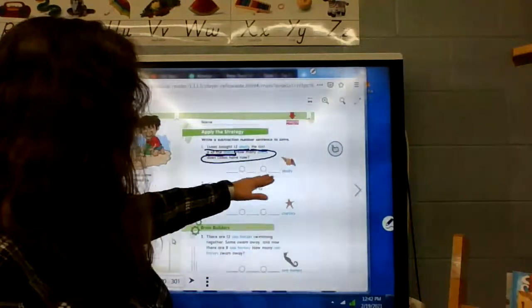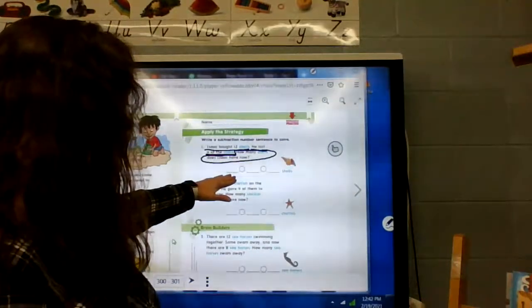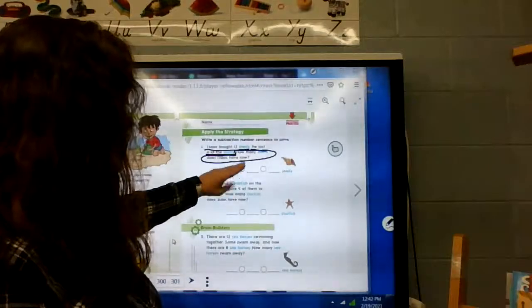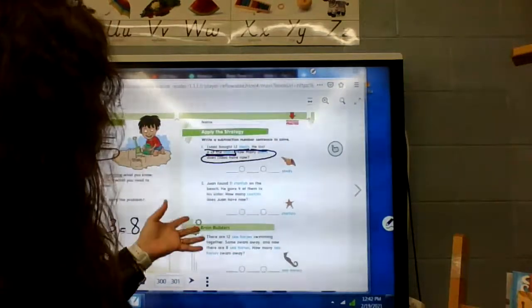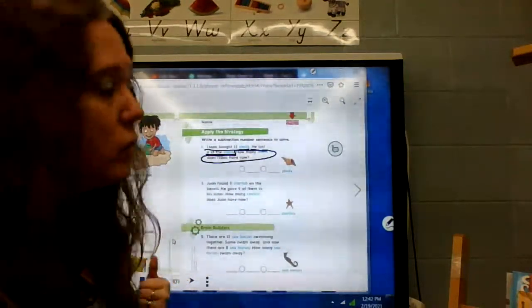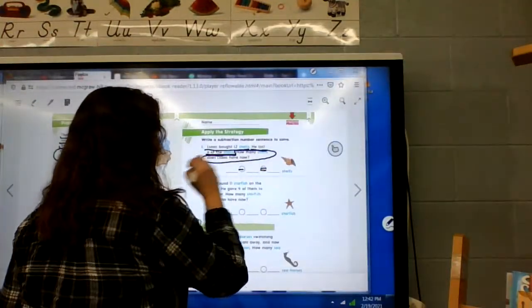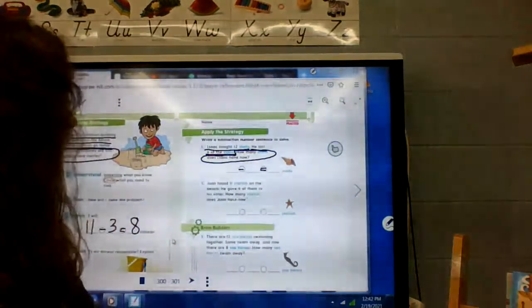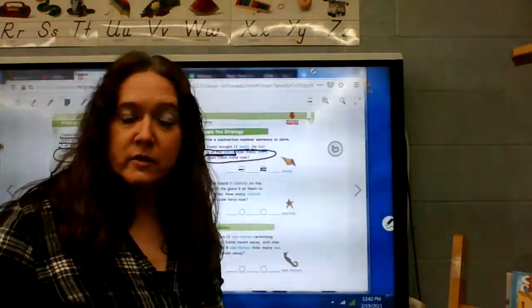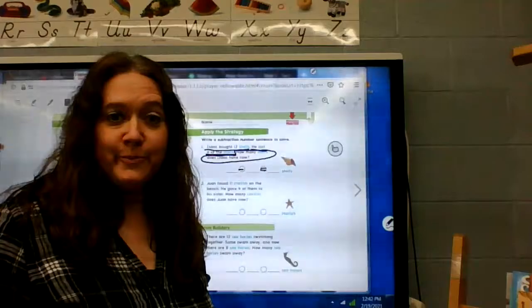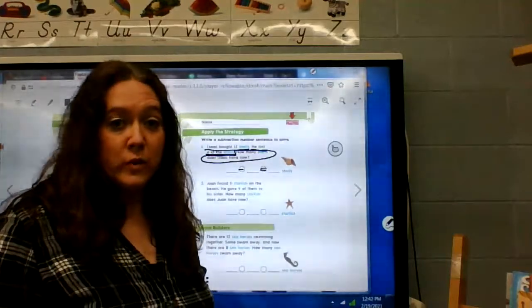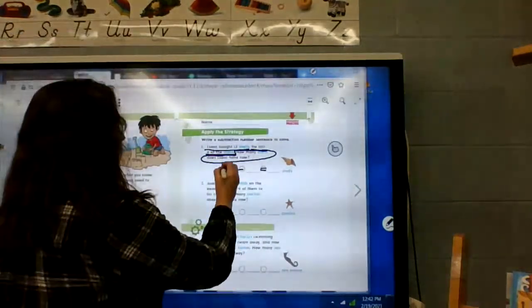Okay, we're going to write out a number sentence. And so because we know he lost some, we know it's going to subtract. And then we'll put our equals here. Okay. What's the first number that we're going to put? He started out with 12.